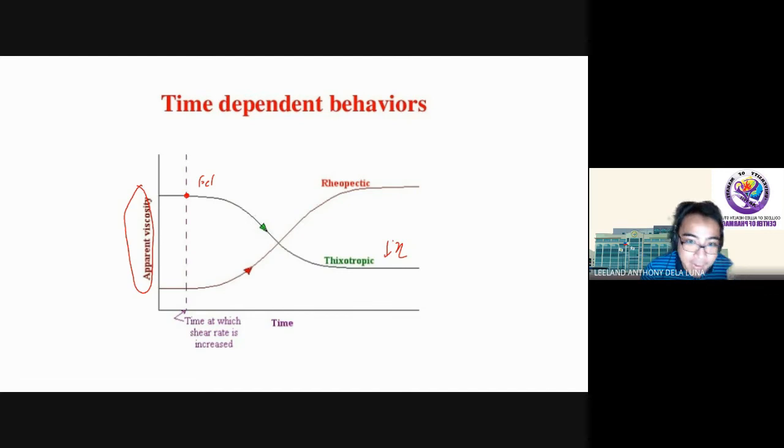Okay. Pero for a rheopectic solution or a rheopectic fluid, at zero time class, if you leave it as is, it's liquid. The viscosity is low. So liquidy siya. Okay, manipis yung fluid. Pero class, if you apply shearing stress, the longer you apply shearing stress class, mas tumataas naman yung viscosity ng rheopectic fluids.